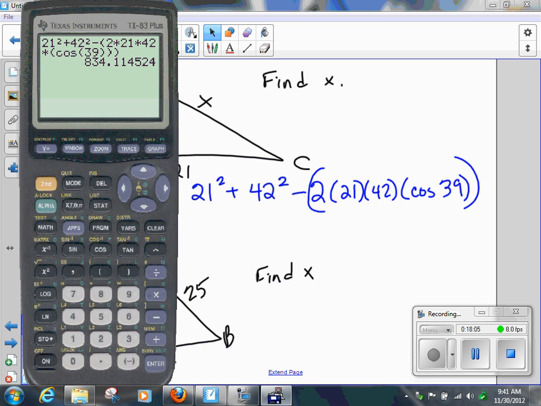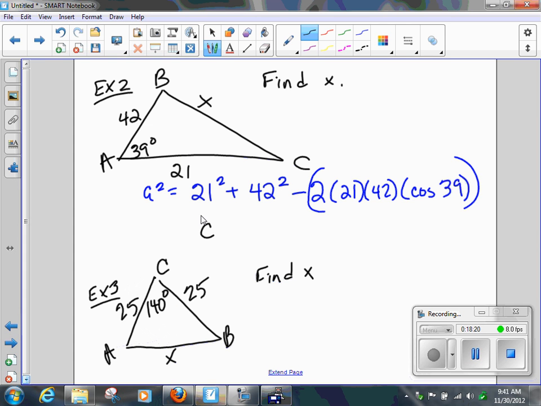Did you get 834? And then what do I do with 834? Take the square root of your answer. How many of you got approximately 28.9? Facile? All right. 28.9.